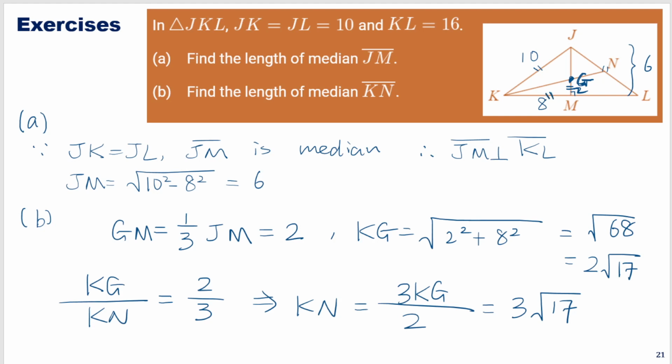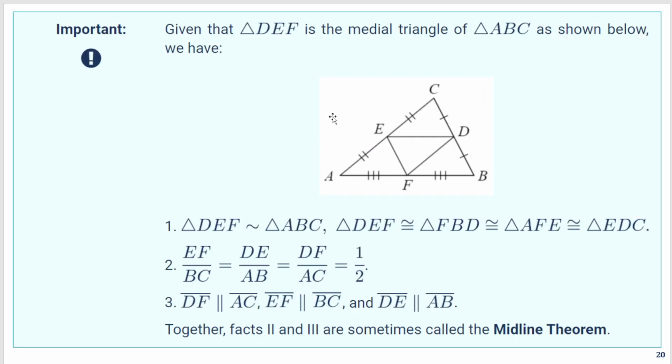If you know this side, of course you can find KG, right? And KG is 2/3 of the whole length of KN. Therefore, we know KN is 3 over 2 times KG, right? Any questions? Again, this is just the application of the properties of medians and centroid. So make sure you are familiar with all the properties we have learned today, okay?